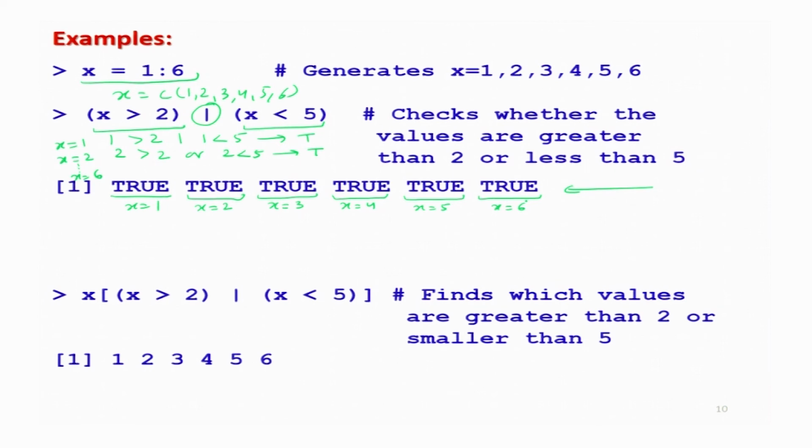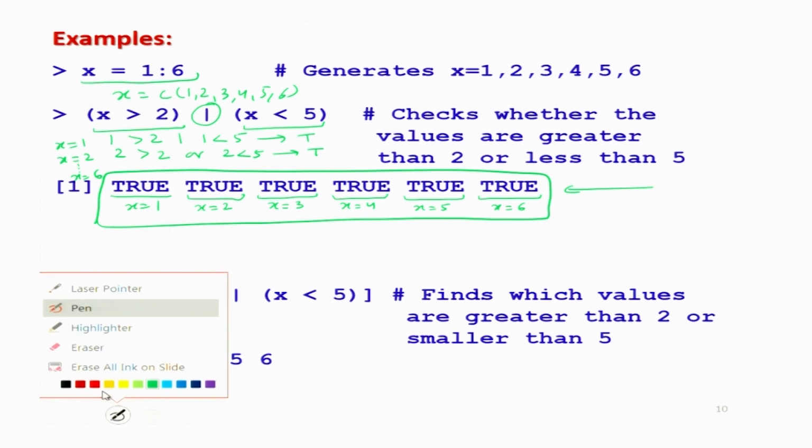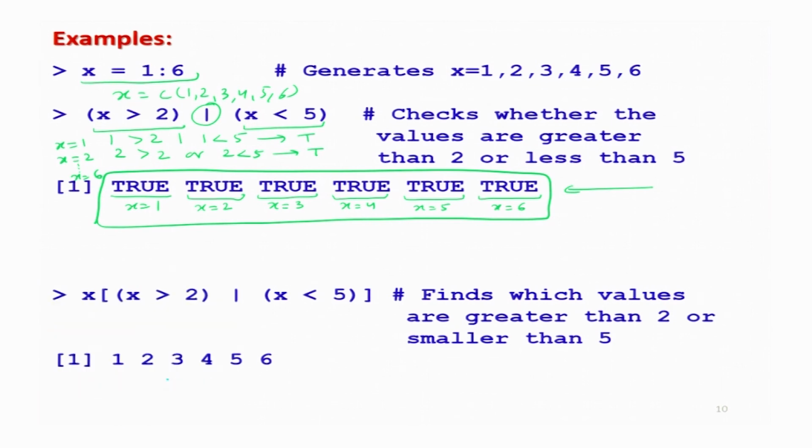Now, in case I want to find out the values in this outcome for which the answer is true, you can see this condition is true for all the values of x equal to 1, 2, 3, 4, 5 and 6. But if I want to do this operation in R using the R command, then I have to follow the same methodology which I just explained in the case of the AND operator.